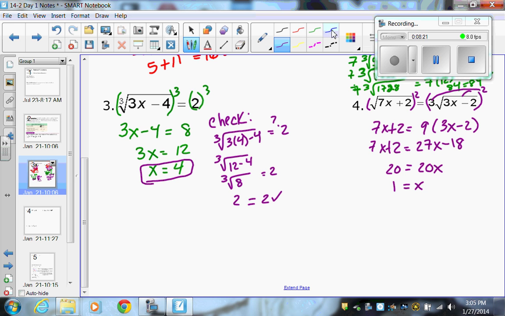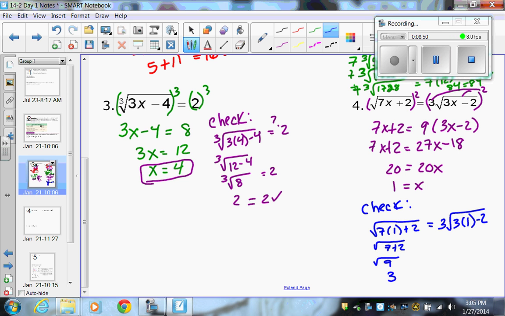So when I check it, the square root of 7 times 1 plus 2, does that equal 3 times the square root of 3 times 1 minus 2? So 7 times 1 is 7, and 7 plus 2 is 9, so this is the square root of 9, which is 3.